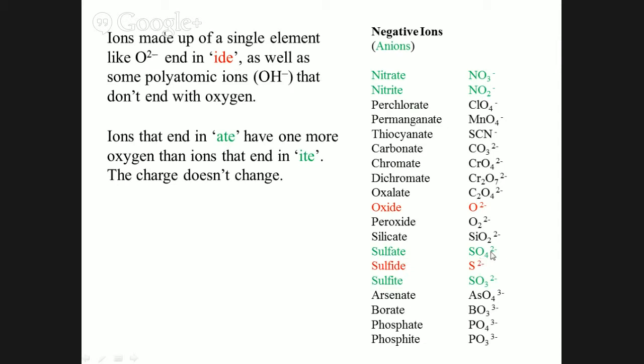Sulfate, SO4 2 minus. Sulfite, SO3 2 minus. So the ATEs always have 1 more oxygen. However, their charge doesn't change. So these two, nitrate, nitrite, both -1. Sulfate, sulfite, both -2. Both the phosphate and phosphite have -3 as their charge.